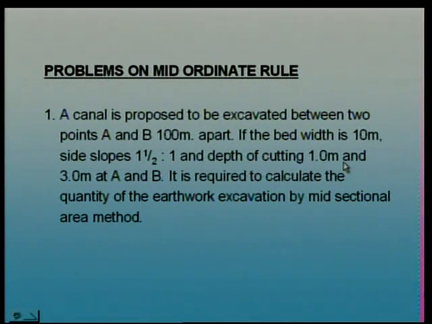The depth of cutting is 1 meter and 3 meters at A and B, that is, D1 is 1 meter and D2 is 3 meters at A and B respectively. Now, it is required to calculate the quantity of earthwork in excavation by the mid-sectional area method. Let us see now.